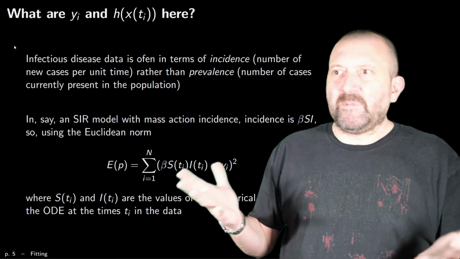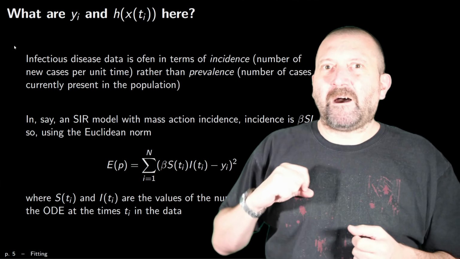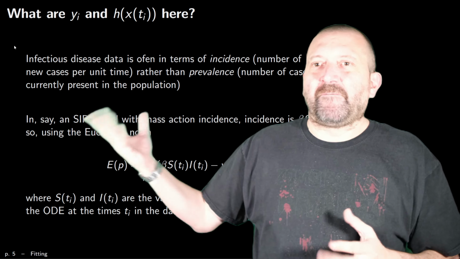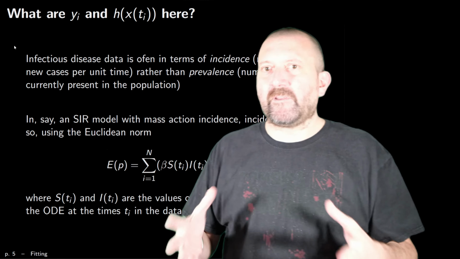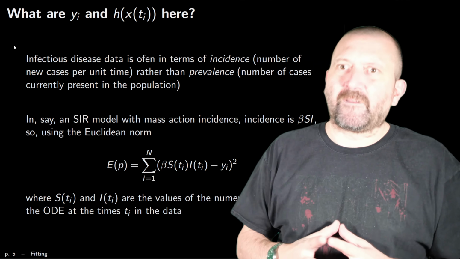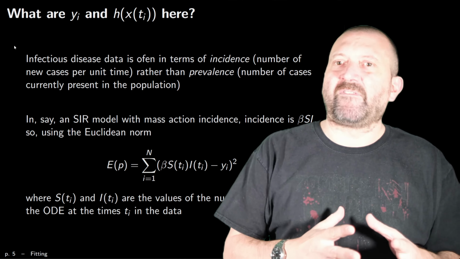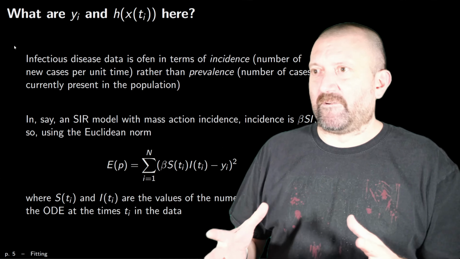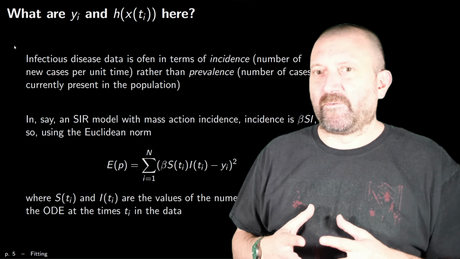So let me point out some things. First of all, what are the yi's and the h of x? If you think about infectious disease models, most of the time what you are going to have in terms of data is incidence, the number of new cases per unit time. You will typically not have access to prevalence, which is the number of cases currently in the population.